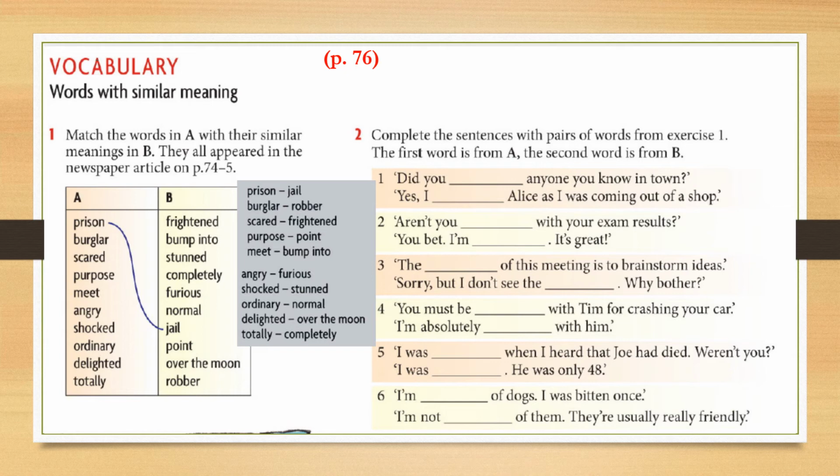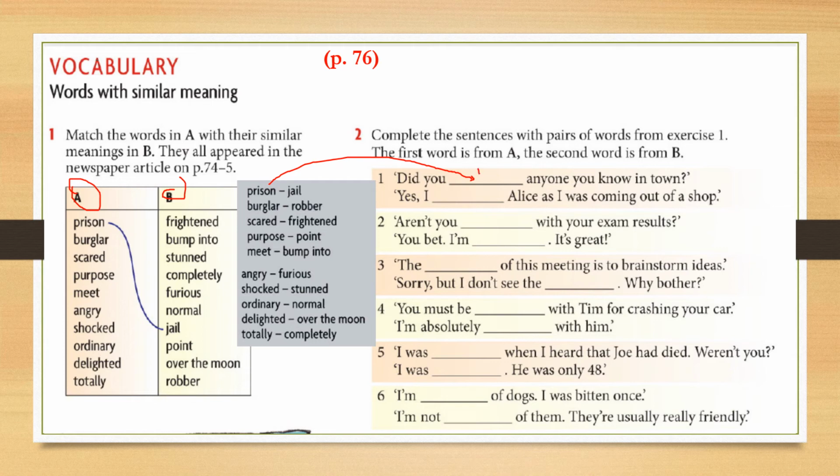So we get all the words from here to fill in here. Normally the first word is from A, and the word from B is always the second one.